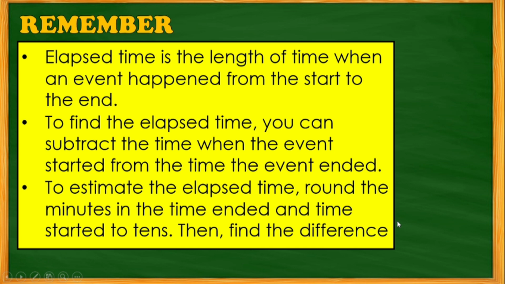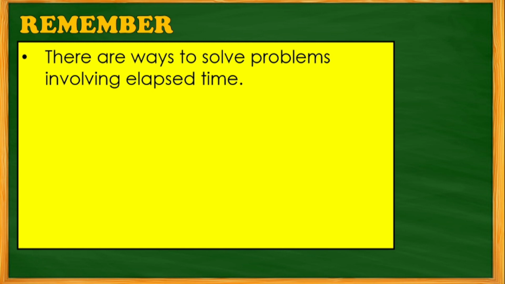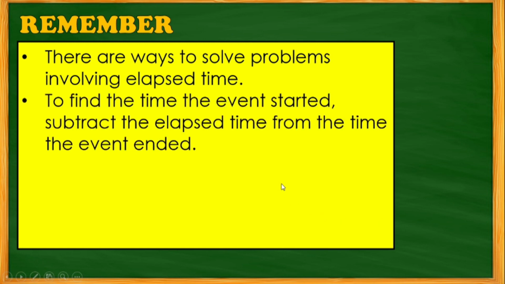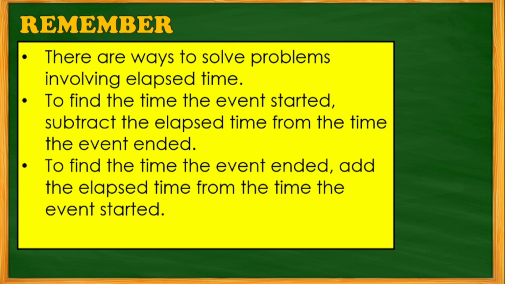Then find the difference. And there are ways to solve problems involving elapsed time. To find the time that the event started, subtract the elapsed time from the time the event ended. And to find the time that the event ended, add the elapsed time to the time the event started.